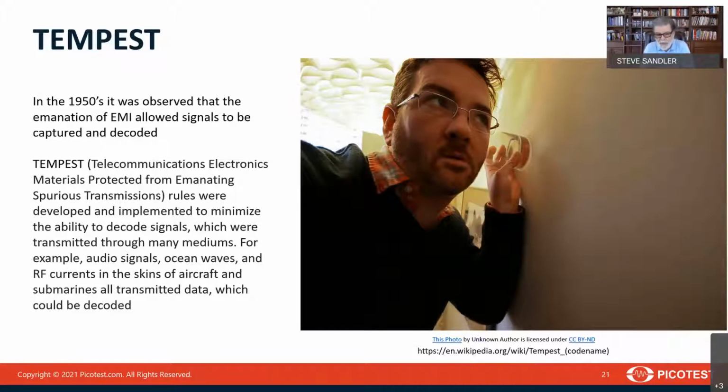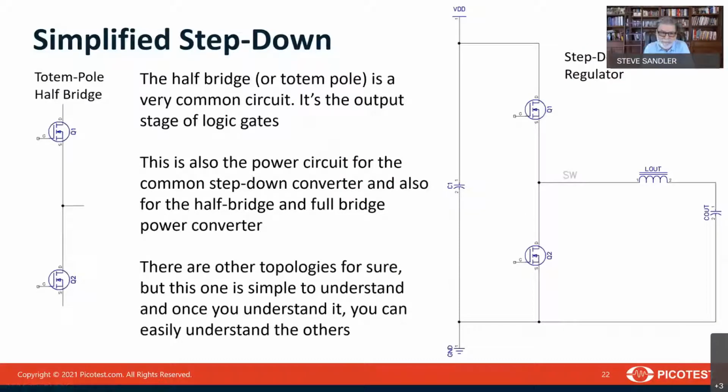And so they came out with a new requirement called TEMPEST, Telecommunications Electronics Materials Protected from Emanating Spurious Transmissions. That's a really big word, so that's why they call it TEMPEST. The whole idea of TEMPEST was to make sure that there are no currents in the skins of submarines and airplanes, because those are large antennas, and it allowed us to intercept signals. We could actually get the data streams directly from the skins.